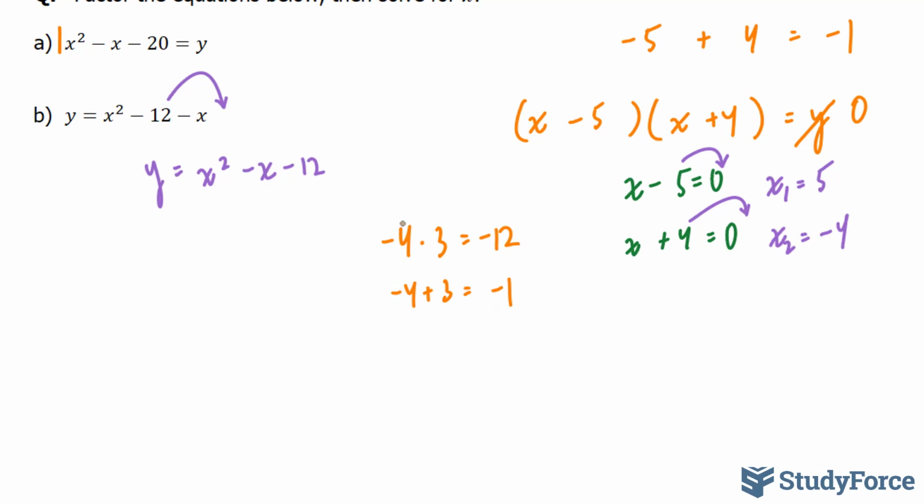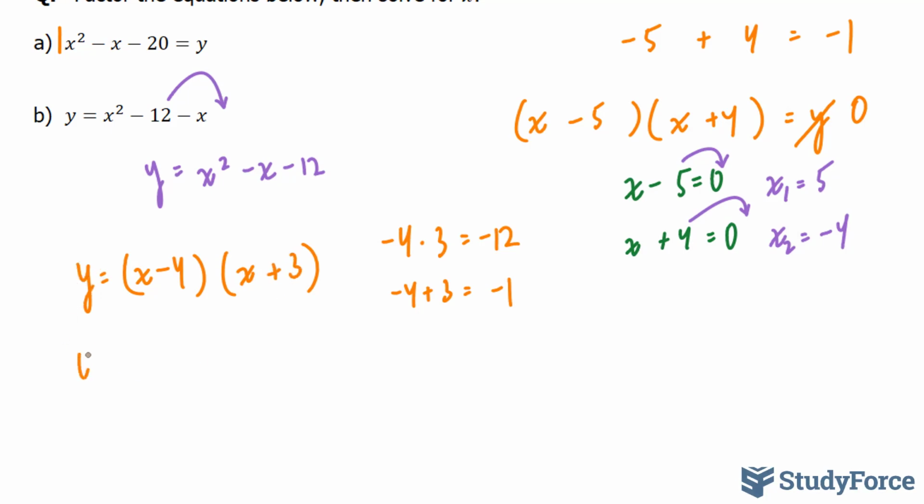Those two numbers are negative 4 times 3, which is negative 12, and negative 4 plus 3 gives me negative 1. Now I often get the question, how do I know what numbers to choose? I mean, there are many possibilities. There's 12 and 1, 6 and 2, 4 and 3. Well, in this case, you just have to be good at multiplication and to quickly guess and check which one is the best combination. So now that I've found my correct combination of numbers, I'm going to reset up my equation so that it has two brackets, just as before, minus 4 here, plus 3 here.